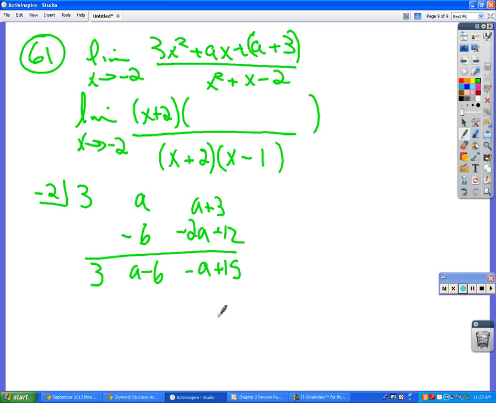Okay, so what did I want this answer to be? 0. So what does A have to equal for that answer to be 0? 15. Okay, so if A is 15, then this would factor into 3x plus 9.